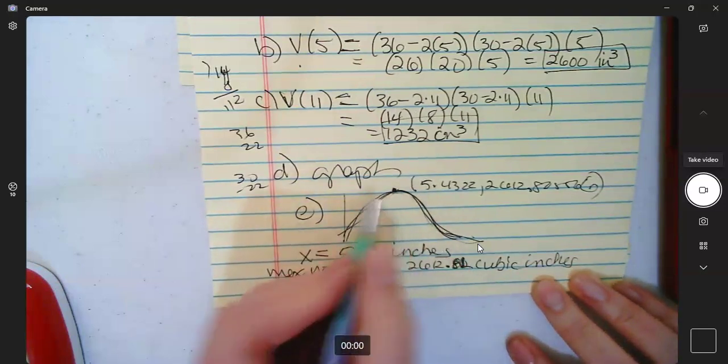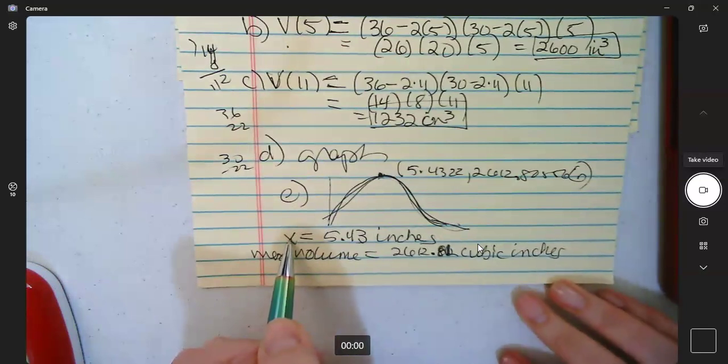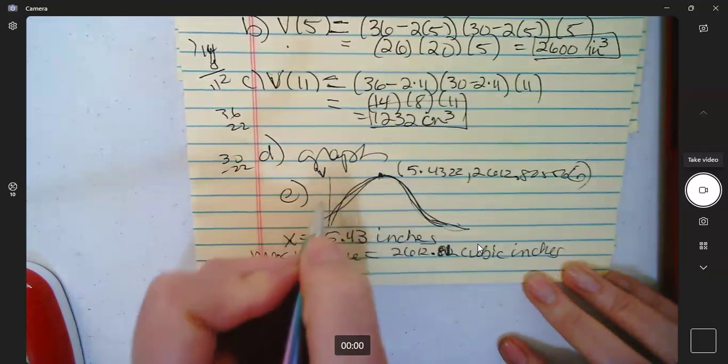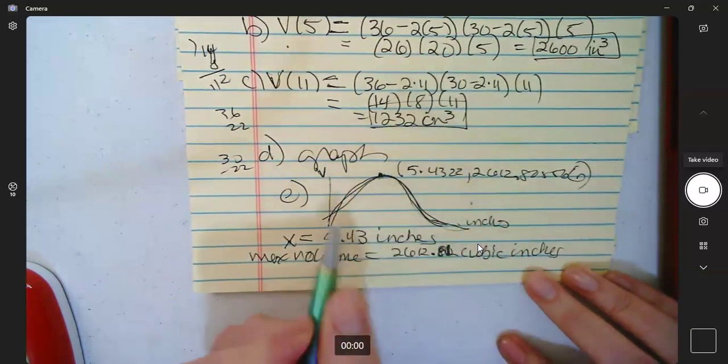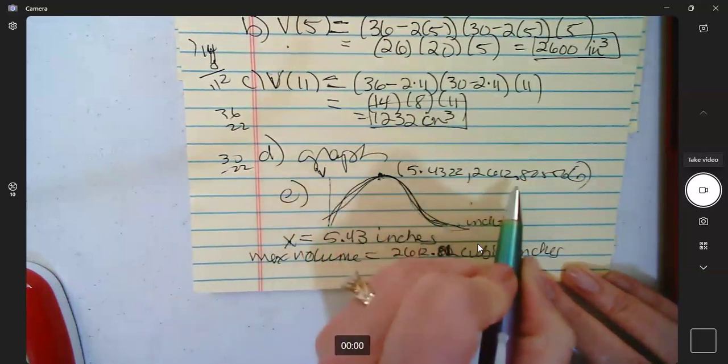So we picked the right graph, and then it asked us how much should we cut, or what should the value of X be to get the maximum volume? Well, the Y values are the volume, and the X value is the inches that you have to cut into the corner. So we find the peak, because that will give us the maximum volume.